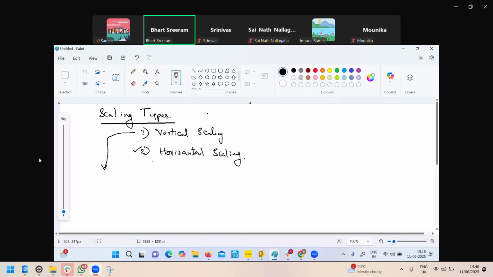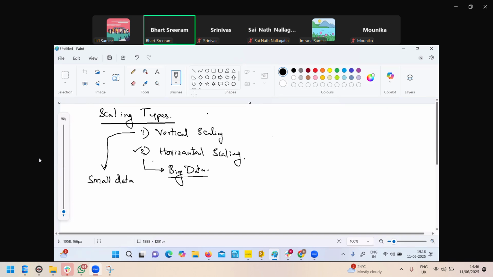Vertical scaling is for small systems, I mean, for small data. And horizontal scaling is for big data.